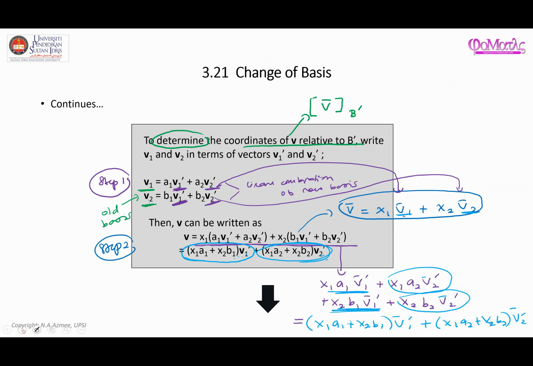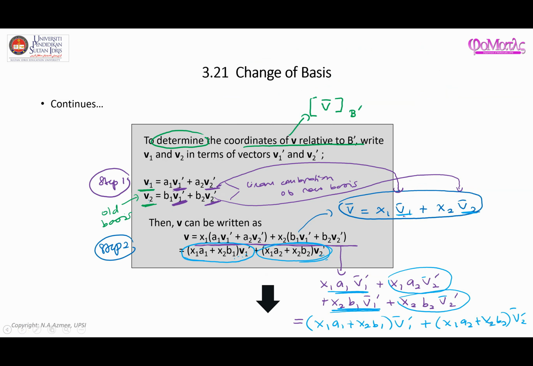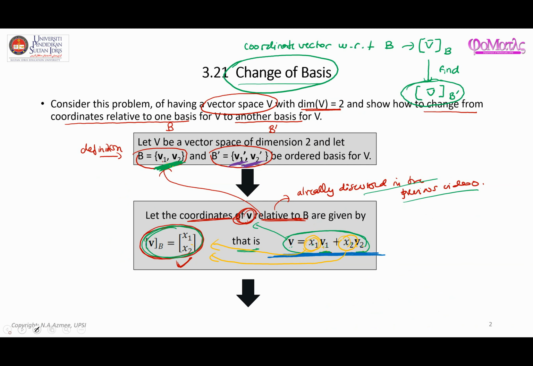With the same idea, I'm just going to erase this so that you can see. Based on that, the coordinates of vector v relative to the new basis is this one and this one. This is the first position, this is the second position. We follow the same idea.